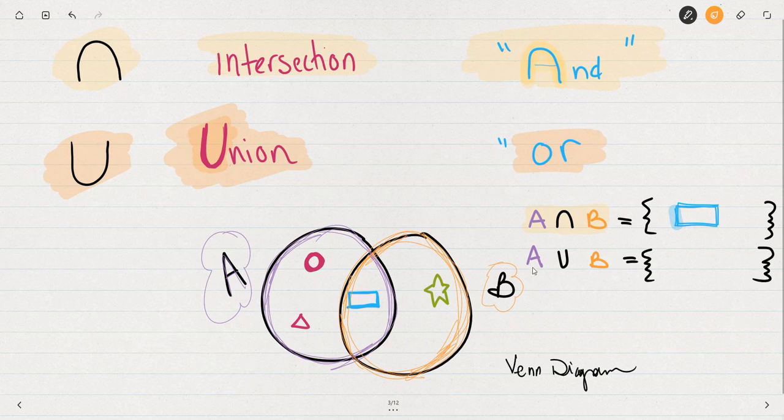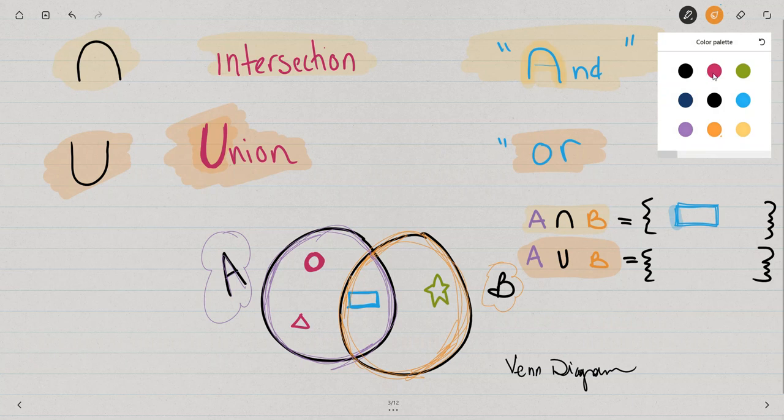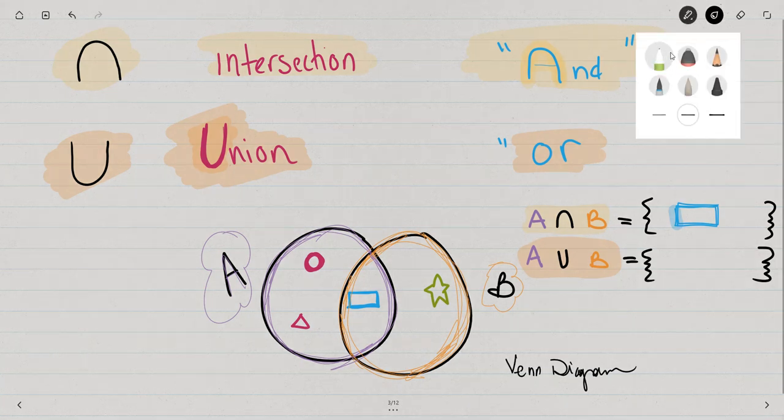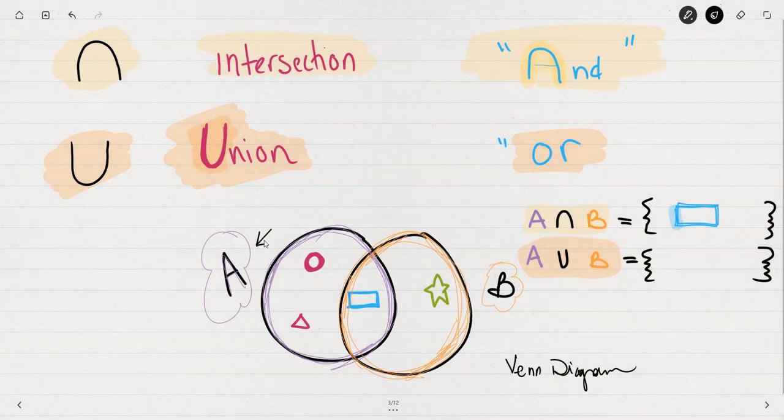So when I look at the Venn diagram below, anything that's in A or B would be all the shapes that are in either set A or in set B. And by the way, it's going to include that shape that's in both. So it'd be this circle, triangle, rectangle, and the star.